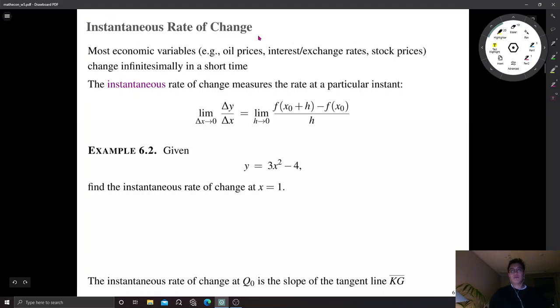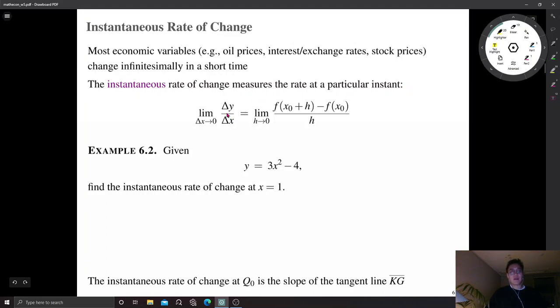Furthermore, in economics, there is long-run analysis and short-run analysis. Sometimes we want to look at how some variables respond in a short space of time. In such a case, we look at the instantaneous rate of change, which is defined as the rate at a particular instant.